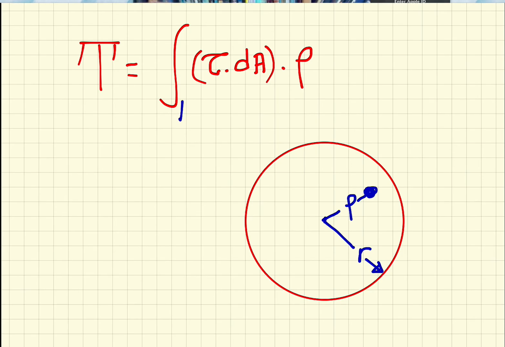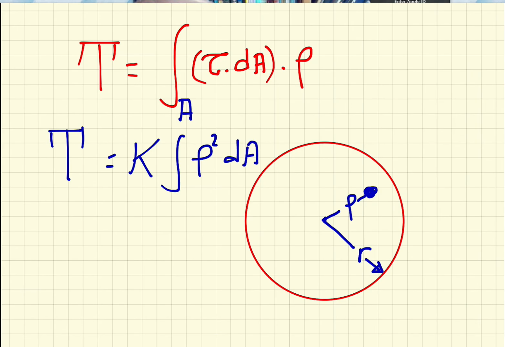So if we do an area integral, then we see that the torque is equal to tau, which we can now replace with k times rho, like from the previous equation. So it would be a constant times the integral of rho squared dA over the cross-sectional area.